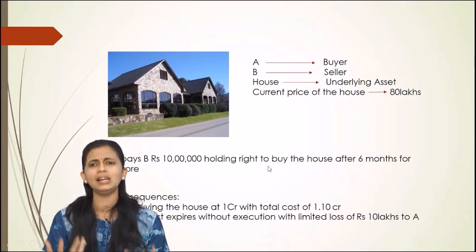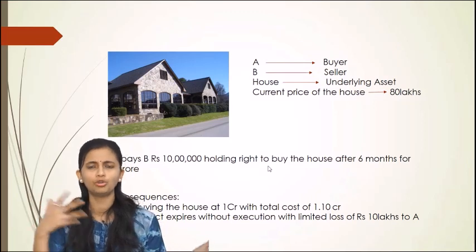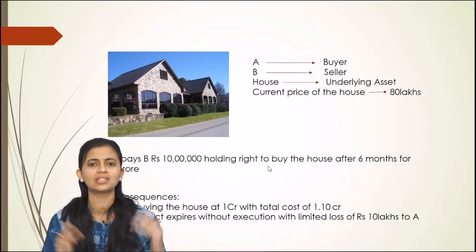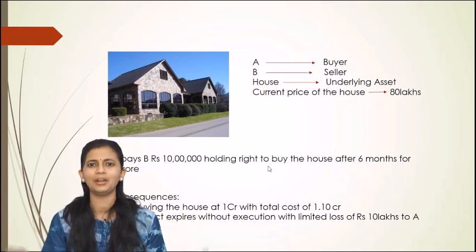Now A listens to some rumor or news in that particular place saying that, say, a metro or something is coming to that area. What happens immediately when good infrastructure comes to a city? The value of the property, the houses, the apartments, everything increases, right?